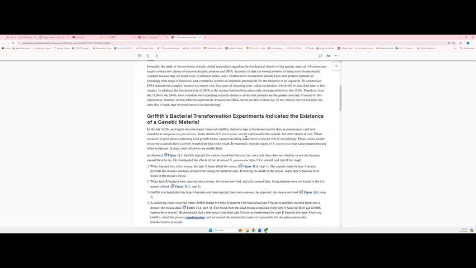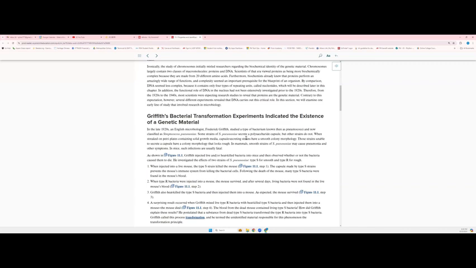An English microbiologist called Griffith was working on a type of bacteria called pneumococcal. And he found out that for this type of bacteria, there are several strains.